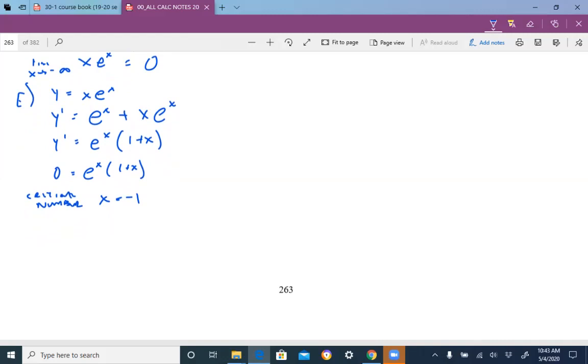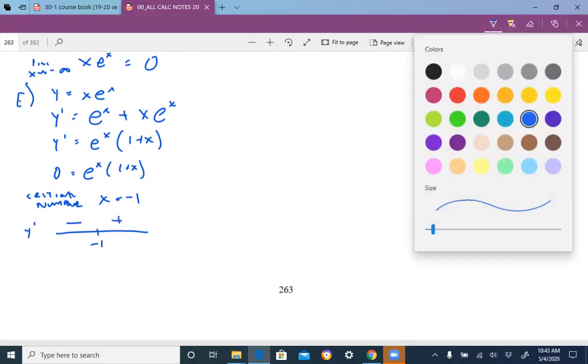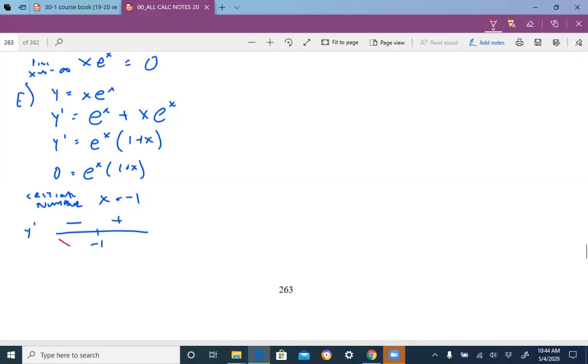If we are looking at our number line, then what happens? Negative 1, as e to the x is always positive, 1 plus a number that's less than negative 1, such as negative 2, will be negative, and then a value greater than negative 1, such as 0, will make this positive, which tells us that this function is decreasing to negative 1, and then it's increasing afterwards.